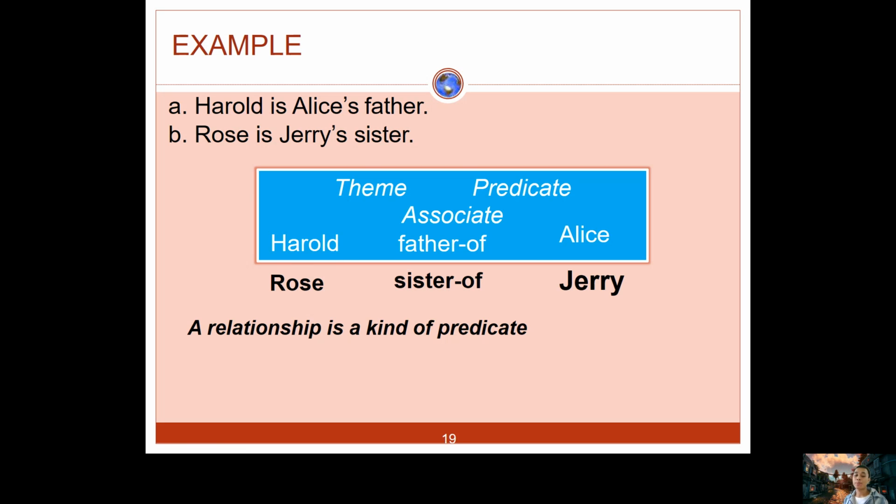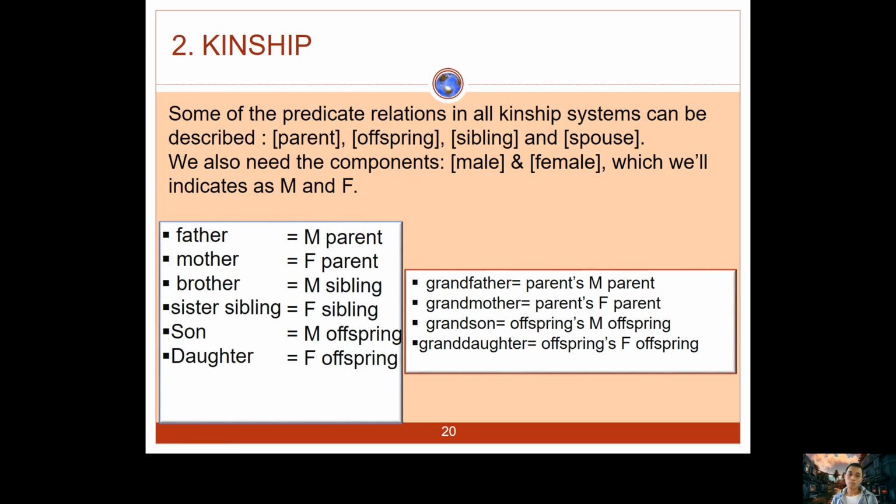So a relation is a kind of predicate. Another example: some of the predicate relations in our kinship system can be described as parent, offspring, sibling, and spouse. We also need two components, male and female, which we indicate as M and F. Okay, I will explain this.